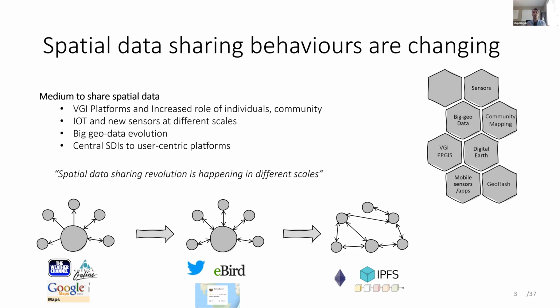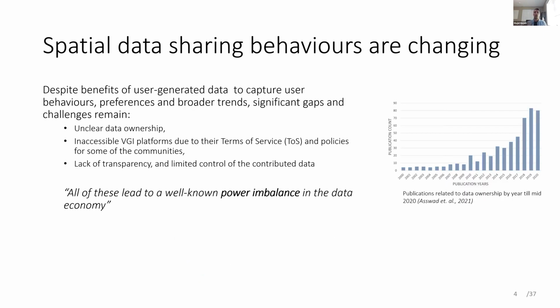So this data sharing revolution is happening at different scales. Also, when this change is happening, the role of individuals is increasing in the data sharing environment. And with this increase, other gaps appear and show themselves very well. Like, imagine that the user is contributing to a VGI platform or another platform, and they are sharing their location information.